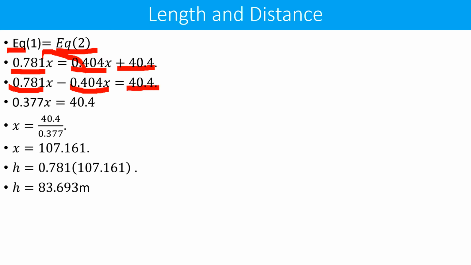So if you take the difference, you get 0.377x equal to 40.4. Dividing both sides by 0.377, you get x is equal to 40.4 over 0.377, and we get 107.161.